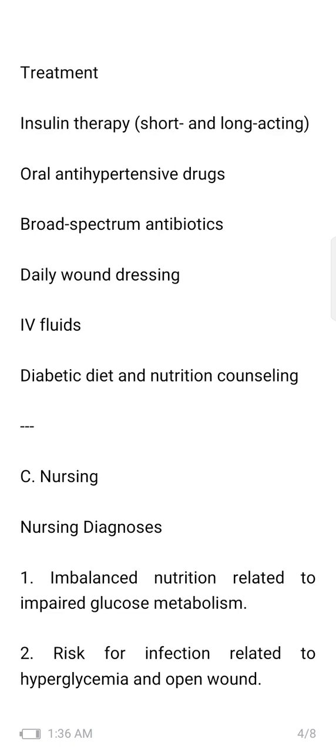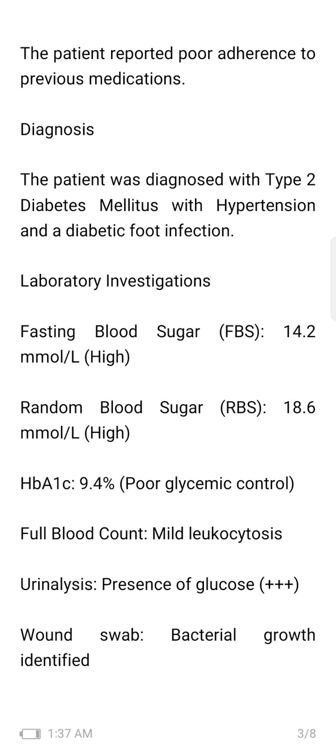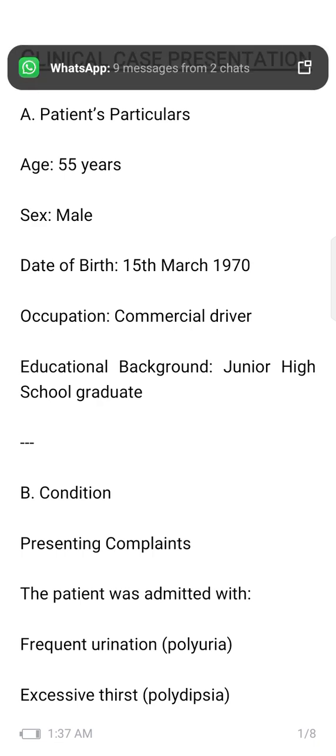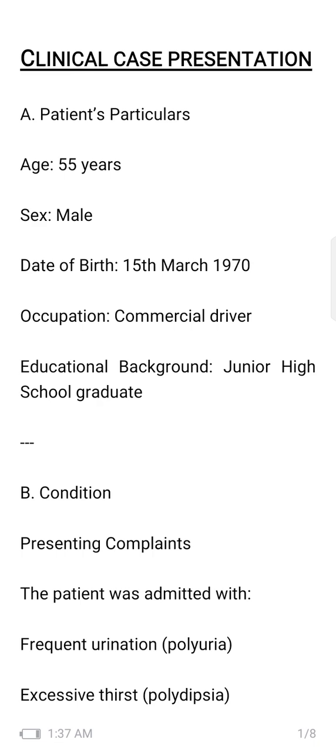And case presentations are done orally. Mostly they are written using PowerPoint for us to have a structured presentation.